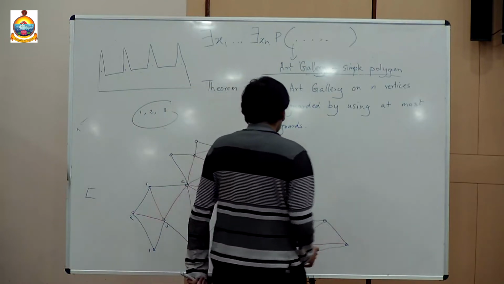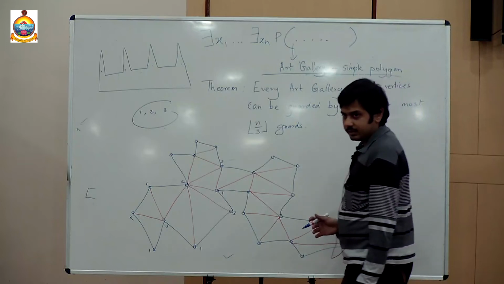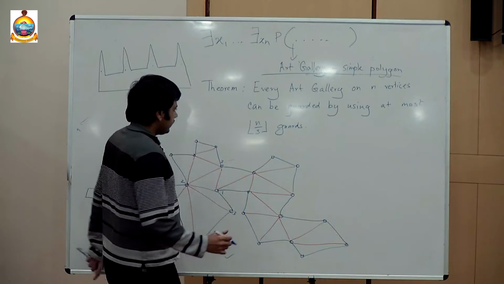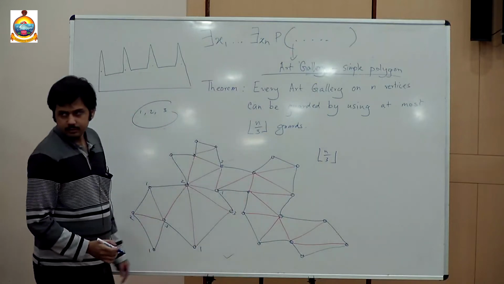So, 3 colors coloring all n vertices means there will be at least one color which gets at most n by 3 guards.